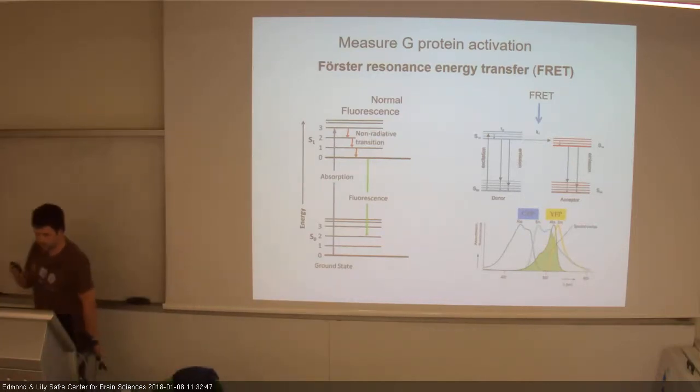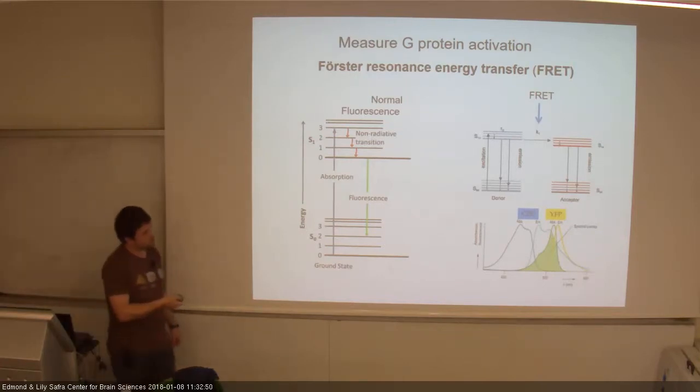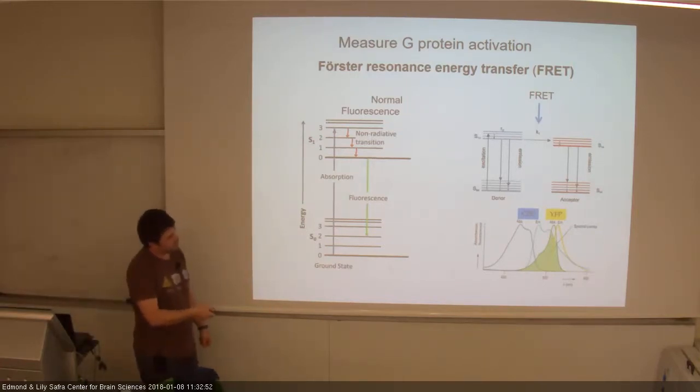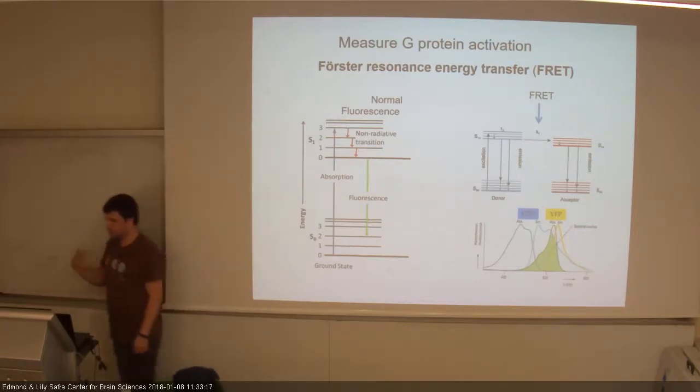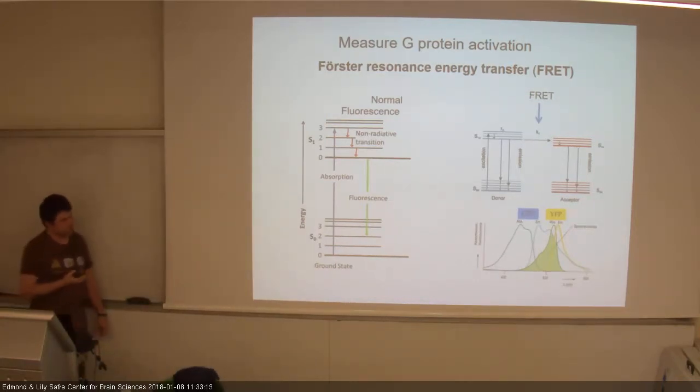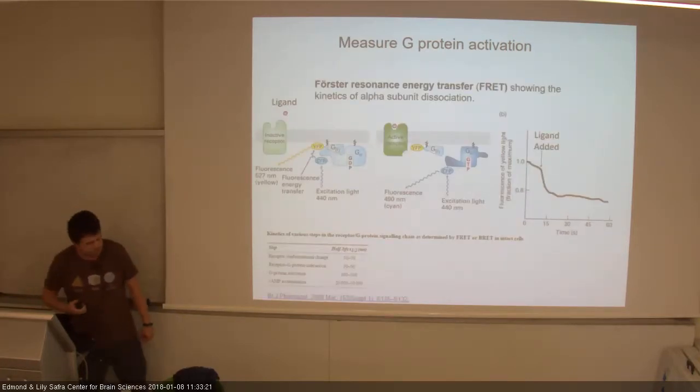Again, in this example, we have two types of proteins. We have cyan fluorescent protein that, when we excite it with a laser of 420 nanometers, will emit around 500. And we have another type of protein called yellow fluorescent protein, or YFP, which, if we excite it with, let's say, a 500 nanometer laser, will emit at, say, 550 nanometers. So how can we use this to measure G proteins?